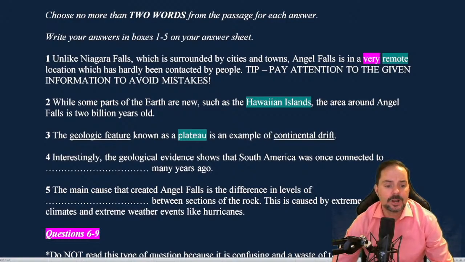Okay, number 4. Interestingly, the geological evidence shows that South America was once connected to something many years ago. What was South America connected to? I think a lot of you probably know this from your grade 8, grade 9 science class. Dang Ha says Africa.